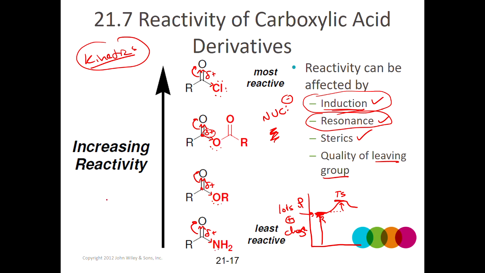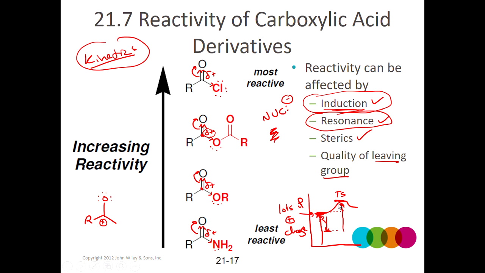So what we want to think about here is when these electrons swing up onto that oxygen and give us this minor resonance contributor with a positive on the carbon that's contributing to making this unstable with so much positive on that carbon, if the other element can shift electrons in to stabilize that positive, that would lower the energy of the reactant and make it harder to get to the transition state because there'd be a bigger activation energy necessary to get from that lower starting point up to the transition state.